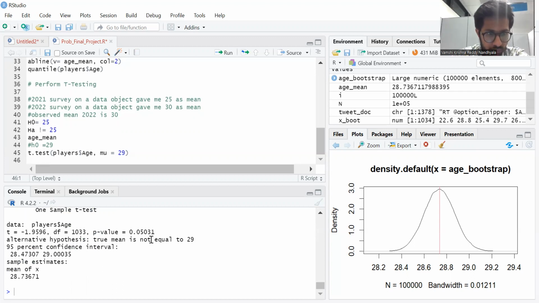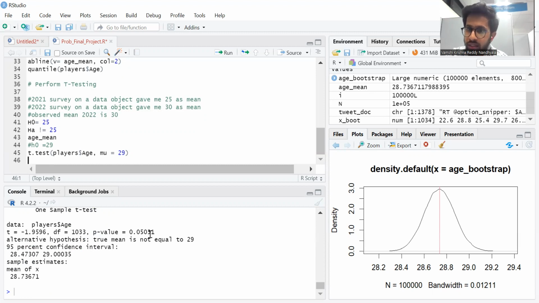So I think 29 could be the answer. Alternative hypothesis: true mean is not equal to 29. As the p-value is small, slightly greater than but not much greater than 5%.